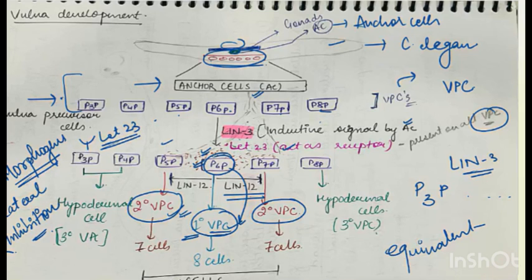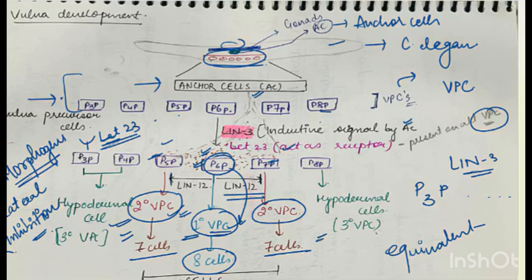That's why P5.p and P7.p are converted into the secondary vulval precursor cells, right? So 7 cells and 8 cells. The primary one will form 8 cells. The secondary vulval precursor cells via P5.p and P7.p are going to form 7 cells each, right?